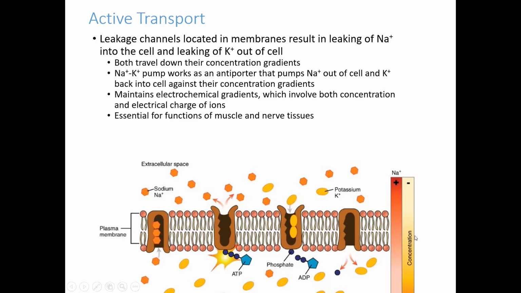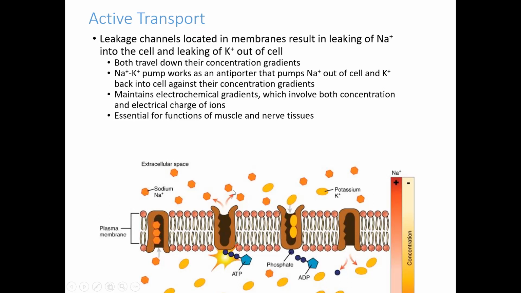And here's what the pump looks like down here at the bottom, embedded in the membrane. When it opens up to the inside of the cell, it has receptor sites for 3 sodiums that will attach themselves there. Now the pump will change its shape and pump the sodiums out thanks to the presence of ATP.